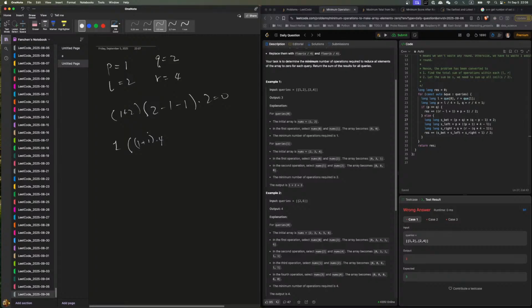Oh, the P and Q here is different. This has to be minus 1. This has to be Q minus 1. Because P and Q are the operations.